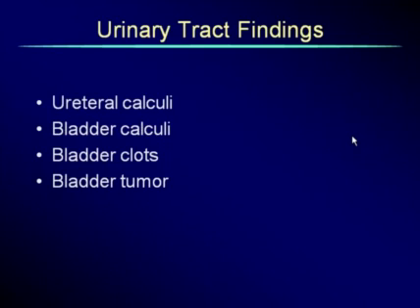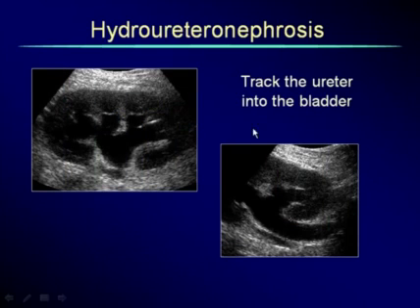The urinary tract system has things that occur down in the pelvis, things related to the ureter like calculi, bladder clots, bladder tumors. I'd like to show you some of these. Now, one general principle of scanning kidneys is that if we find hydronephrosis, these branching fluid-filled tubular structures, we want to track the pelvis down towards the ureter, and we should keep tracking till we find the cause of obstruction.